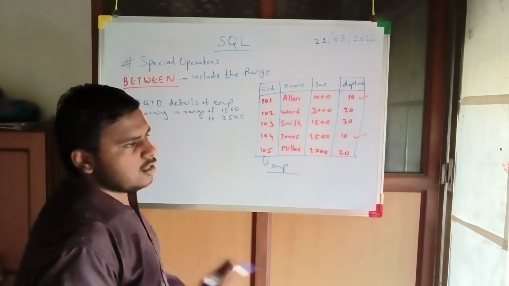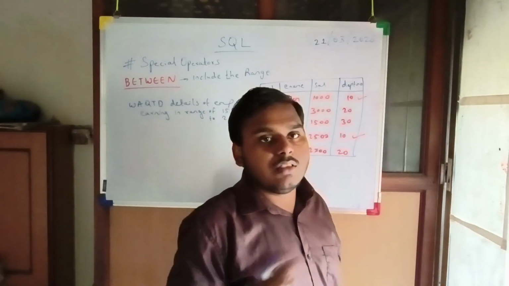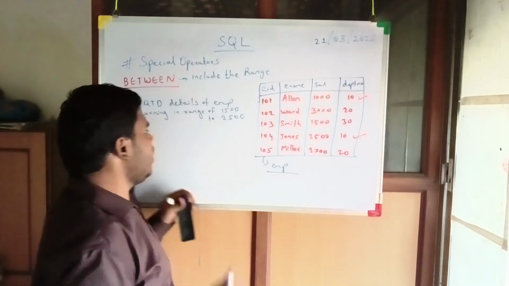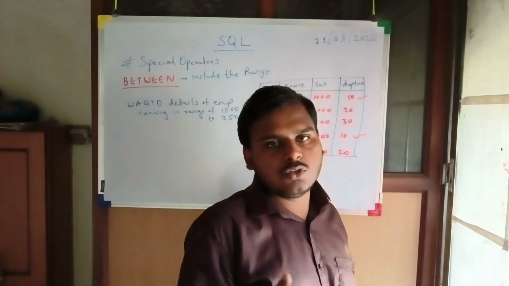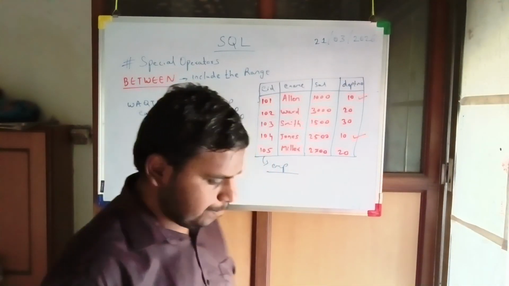I want to display details of employees who are earning between 1500 and 2500. I want these employee details. One option is, I will show how we will solve the query in two methods.